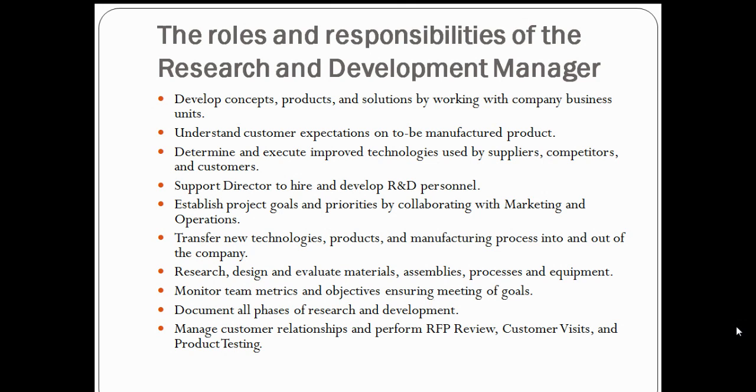So these are the various roles and responsibilities of the research and development manager. The R&D manager has to take care of all the things, starting from developing the concept, then what different materials are required, the documentation part, and hiring the people also.